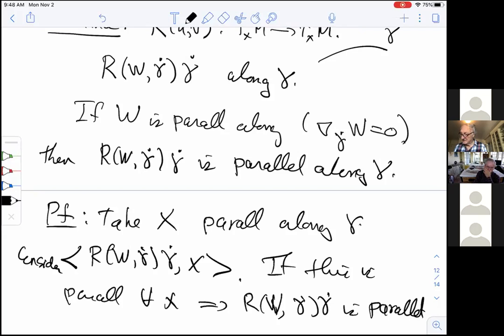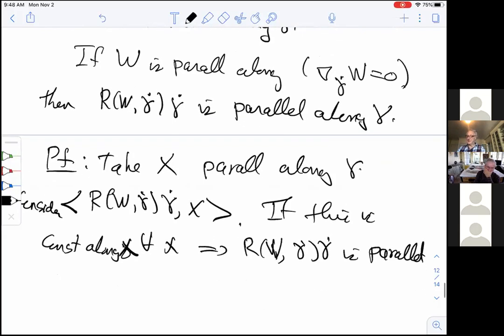Sorry, if this is constant, I shouldn't say parallel. If this inner product is constant along gamma for all X, that's what it means for this thing to be a parallel field.